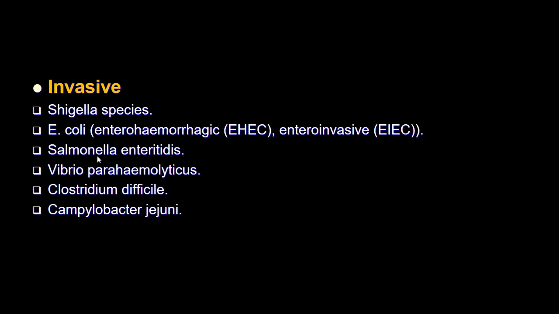Also, here we have the Salmonella enteritidis. By the way, Salmonella is the most common cause of food poisoning that usually comes from chicken. So if our food is contaminated with chicken feces, we could be infected with Shigella in particular, as well as with others as well.